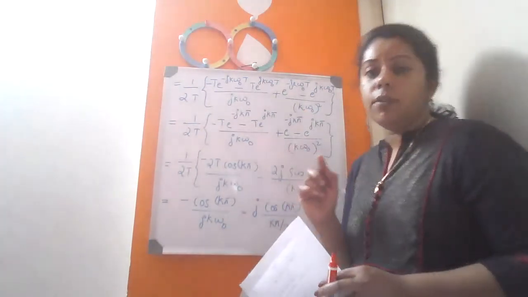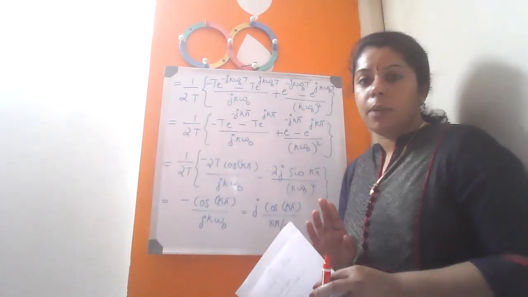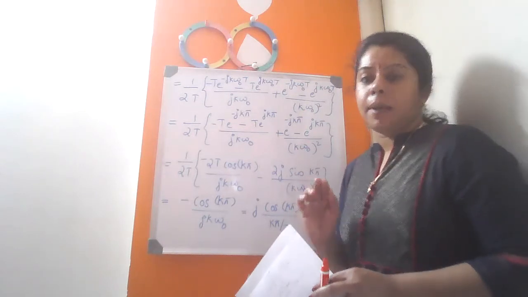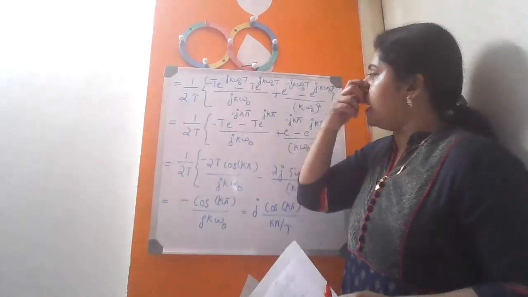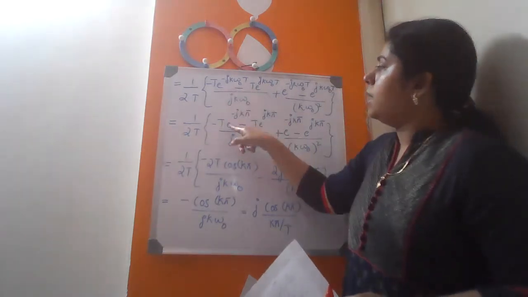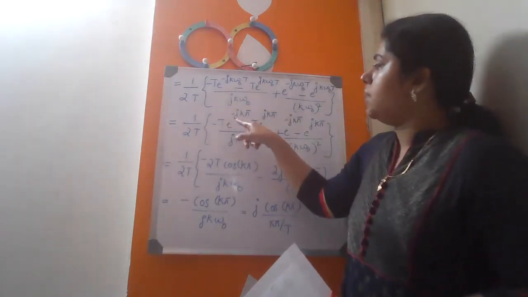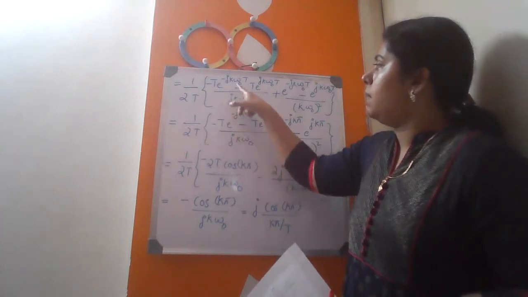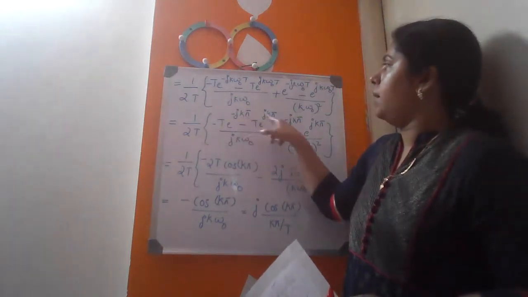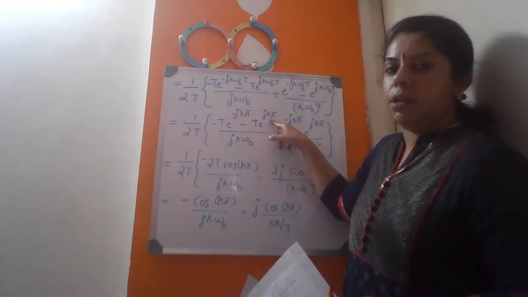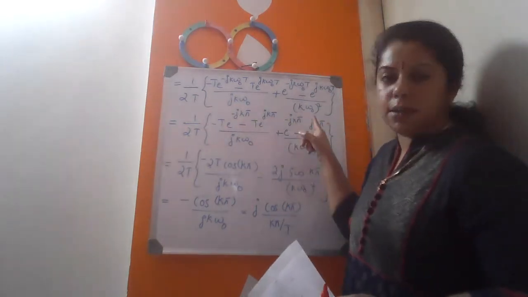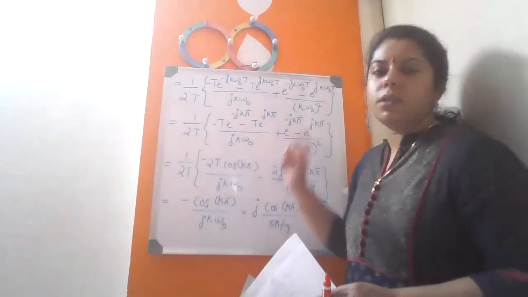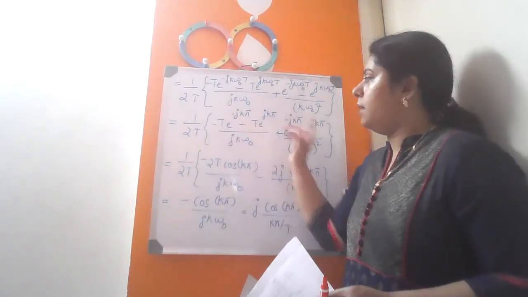In the starting of our problem itself, we calculated omega naught. Omega naught is equal to pi by t. So I substituted that here, and this t and t will get cancelled. Everything is the same except e power minus j k pi here, and e power j k pi here. Wherever I had omega naught in the e power terms, I substituted pi by t. So I am getting this equation.